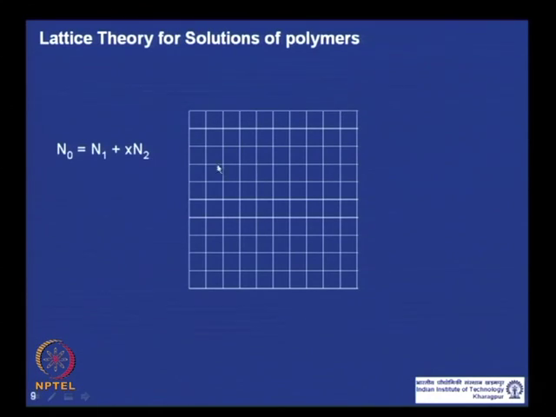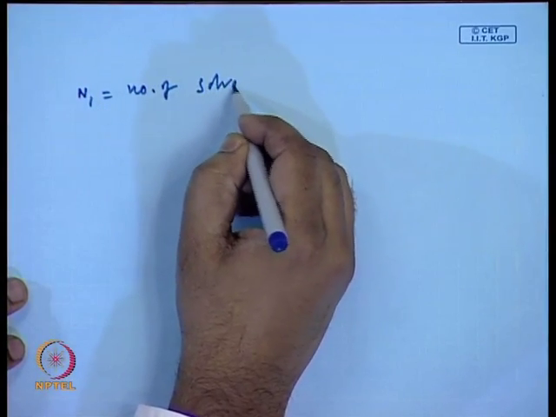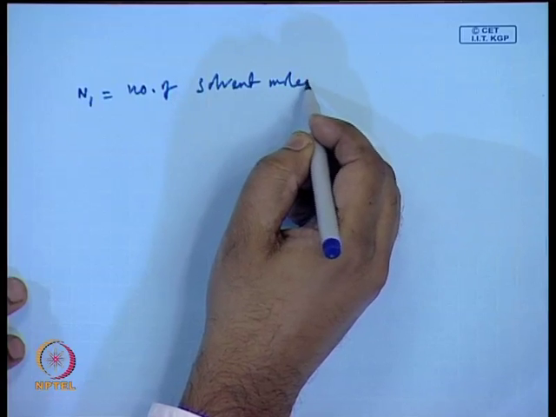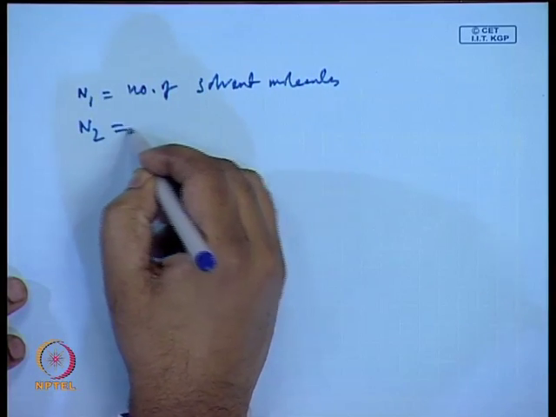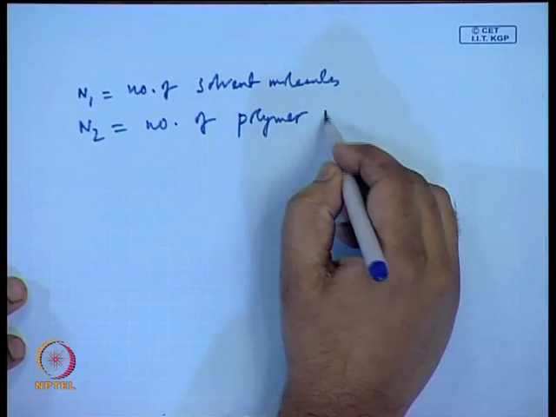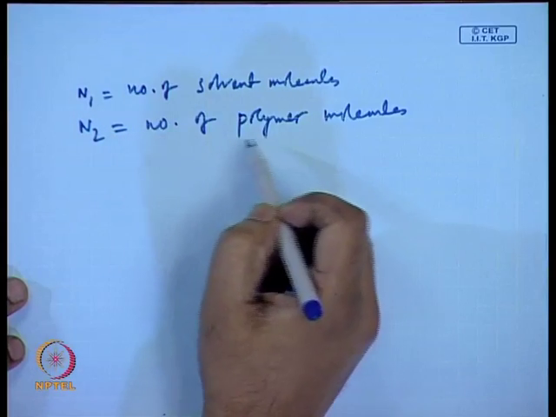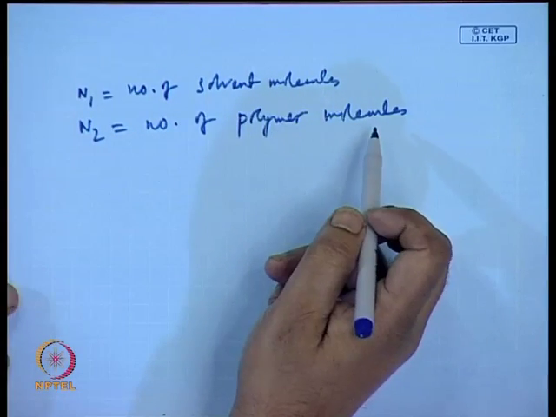Again, we will have the same 3D lattice in this case as well, but the difference is that N1 is again the number of solvent molecules and N2 is the number of polymer molecules. Obviously, the sizes of the polymer molecules and solvent molecules are different.